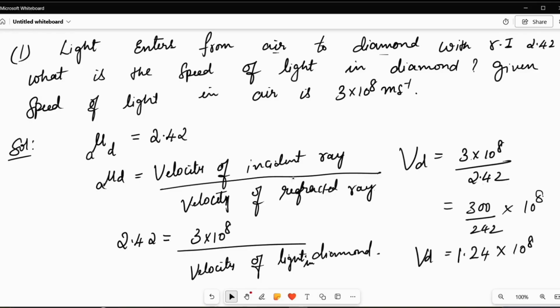So 3 into 10 power 8 divided by 2.42: I multiply both numerator and denominator by 100 and get 300 by 242. This 10 power 8, keep it as it is. The direct division gives 1.24 into 10 power 8 meters per second.